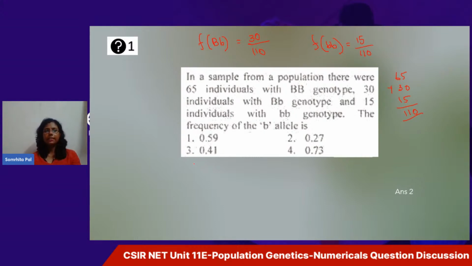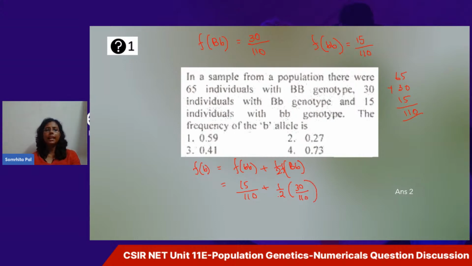Now, if I place it in the formula of frequency of b is equal to frequency of small b plus half of the frequency of heterozygous B, then I will have this equal to 15 by 110 plus half into 30 by 110.